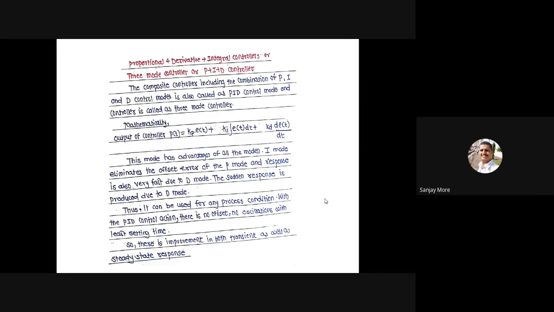Thus, it can be used for any process condition. It can be used for any process condition with the PID control action.